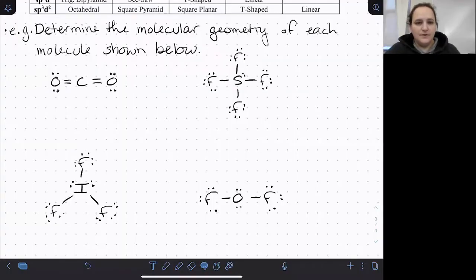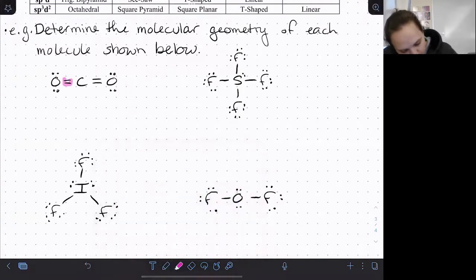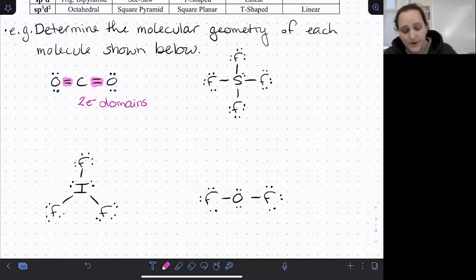So here are a few different structures, and based on these structures, we're going to be able to determine our molecular geometry. So the first thing we want to identify is how many electron domains are around our central atom, aka what its hybridization is. So for the first one, we have a double bond on one side and a double bond on the other. So that is 2 electron domains, and none of them are lone pairs.